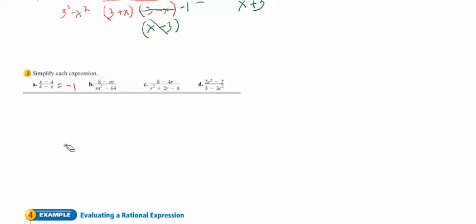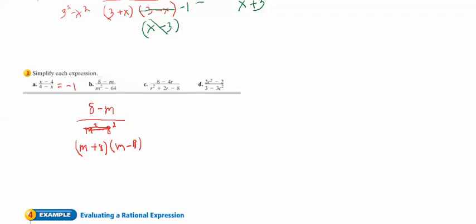Letter B, at the top, I just have 8 minus m. At the bottom, I have, again, a difference of squares. I'm going to change that to 8 squared, because 8 times 8 is 64, and then I have m plus 8 and m minus 8. I'm not using this anymore, I rewrote it.